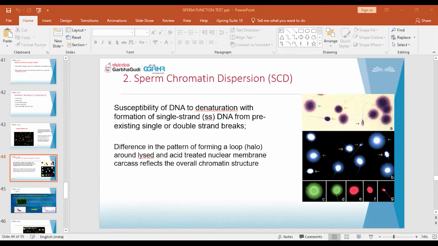Can you see the screen? I will not be displaying this screen because there are answers here. I will read out, and I hope you will select now. Expand HOST. Hyperosmotic swelling test, hyaluronic osmotic swelling test, hypoosmolytic swelling test, or hypoosmotic swelling test.